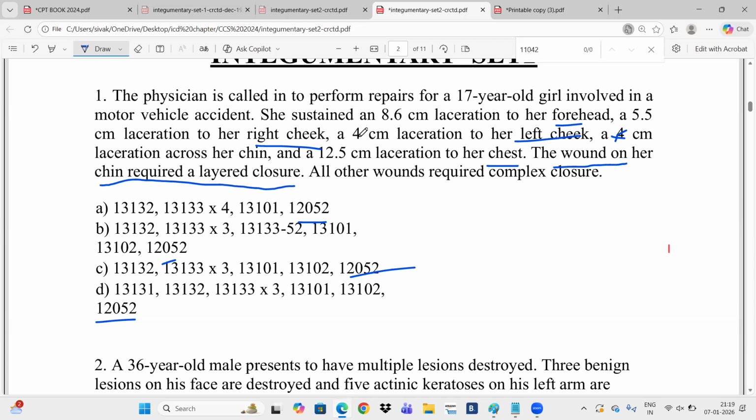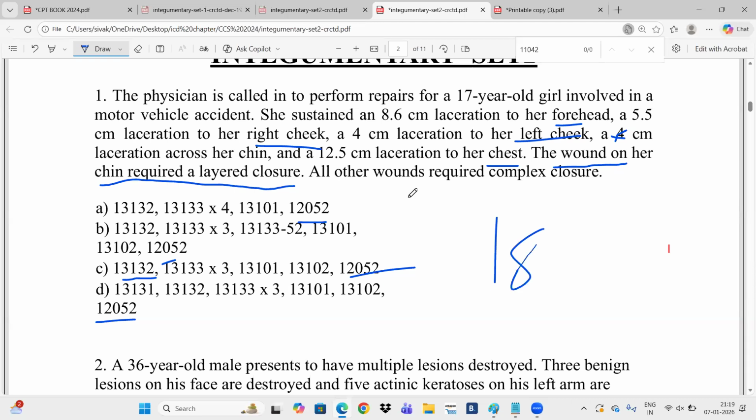8.6, 14.1, 18.1. Total 18.1, right? Yes, sir. What are the 13132 code descriptions? Up to 7.5.